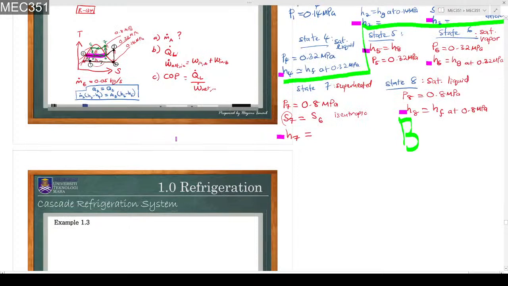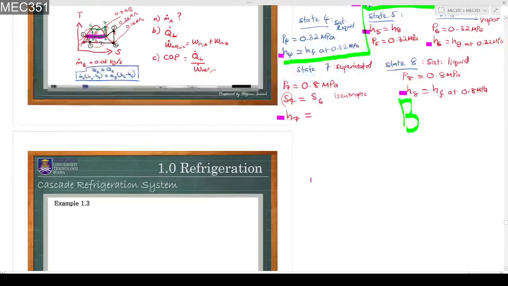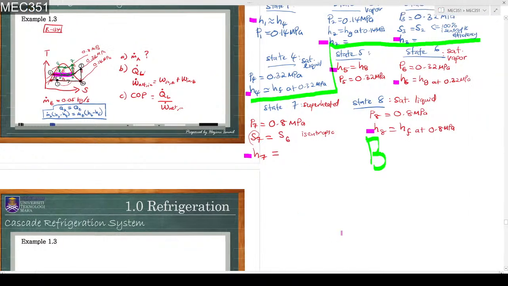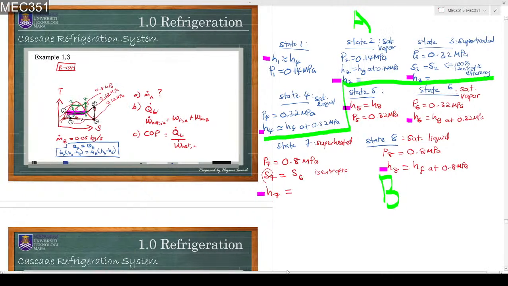Okay, so let's have a 5 minutes break, and after we have a break I will put the value of the enthalpy. Okay, by the meantime, you also have to find by yourself this value of enthalpy, and then we can compare your value with my value. So if there is the difference between your value and my value, you can ask me immediately the question in the live chats in the comment section below.